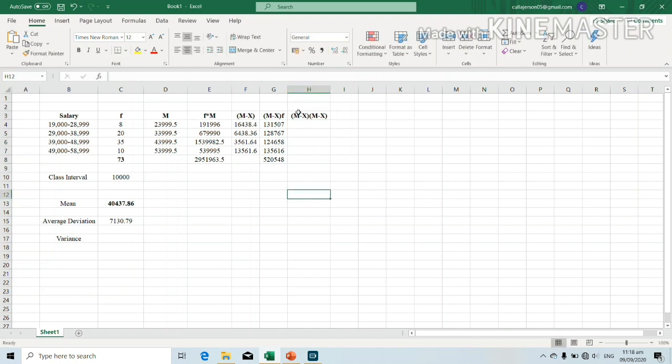Equal to, ito yun. Itong data na to. Then, i-multiply lang natin siya sa isa pa, F4 times F4. Yan. Then, hilahin lang natin ulit.